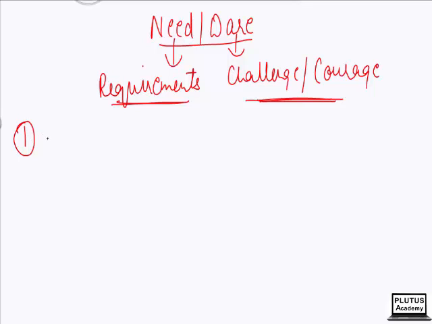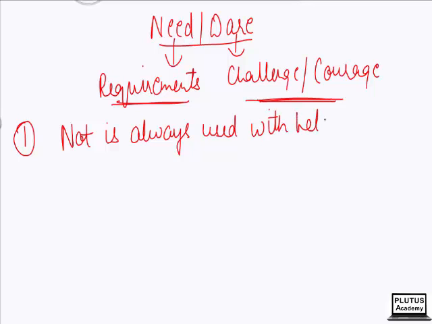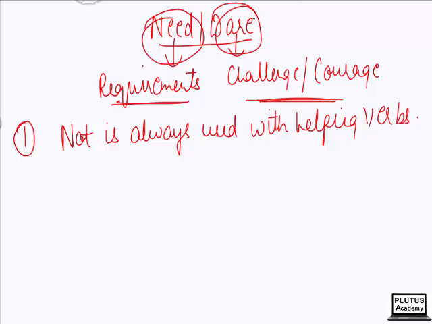The first thing which we have to learn here is that not is always used with helping verbs. So whenever these words are present with not, that means they are being used as helping verbs in the respective sentences.